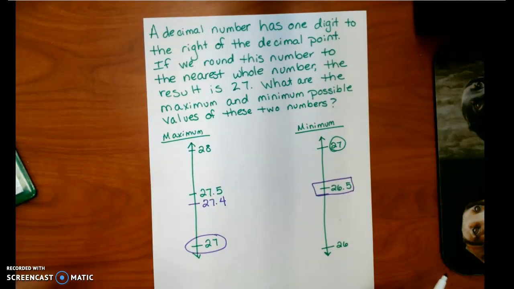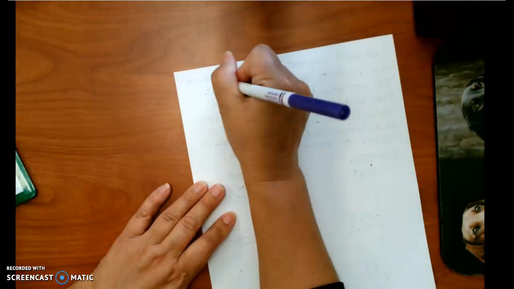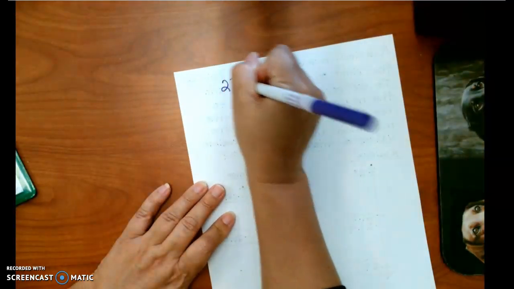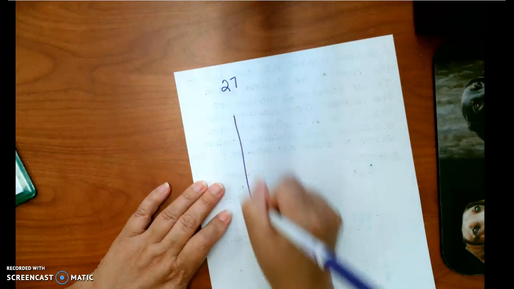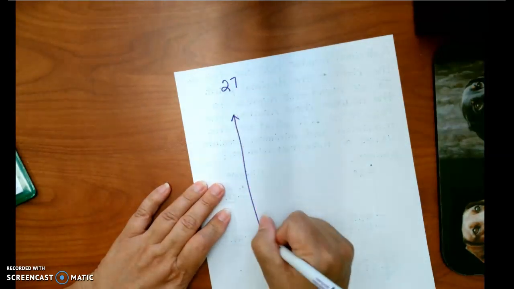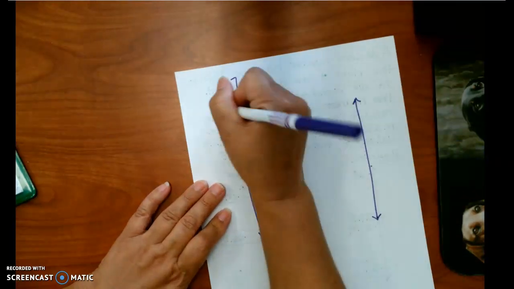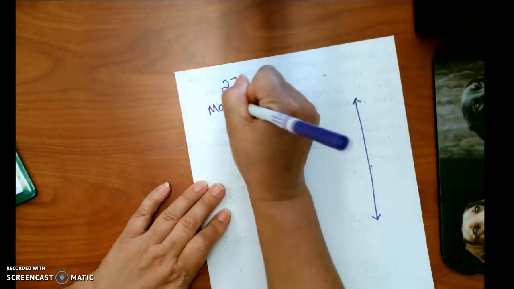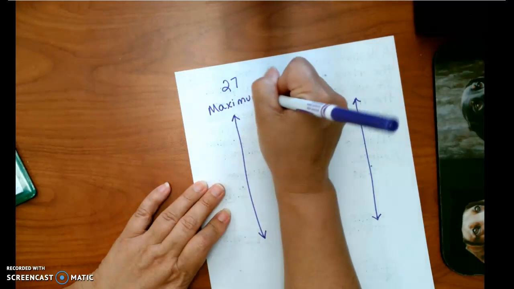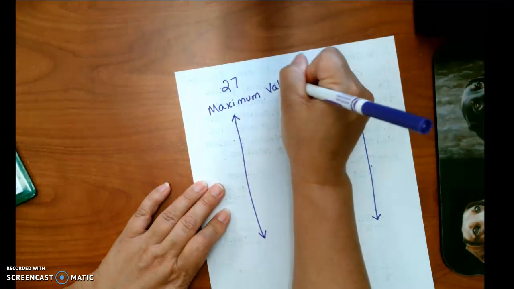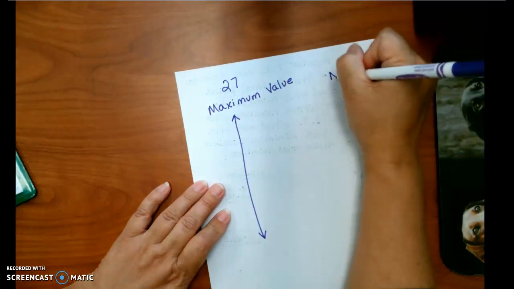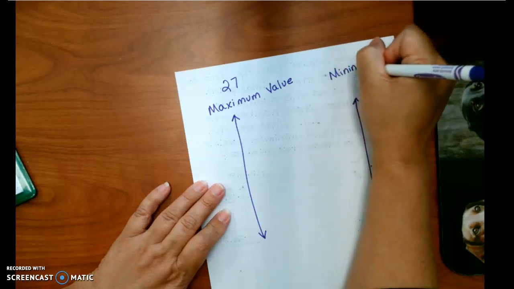Now, what would happen if we had two numbers to the right of the decimal? So I'm still going to round to 27, but now I have two numbers to the right of the decimal, and I need my maximum value and my minimum value.